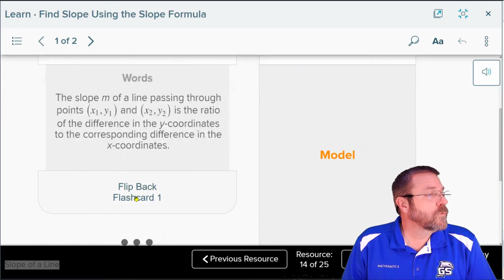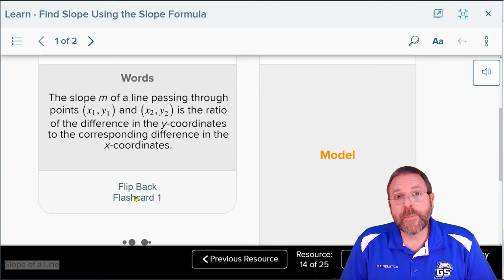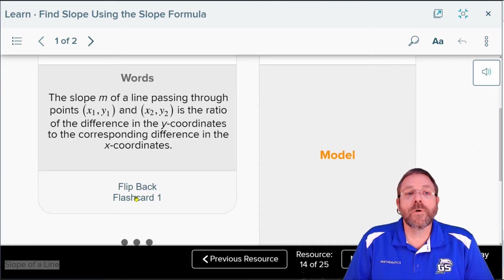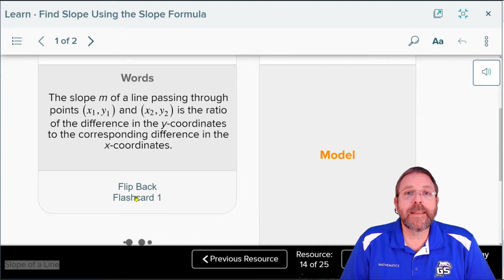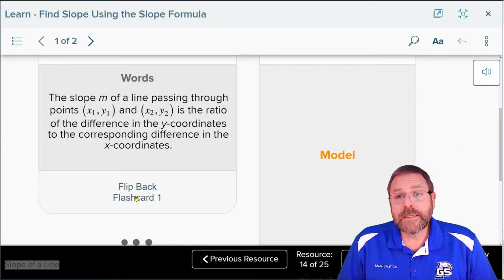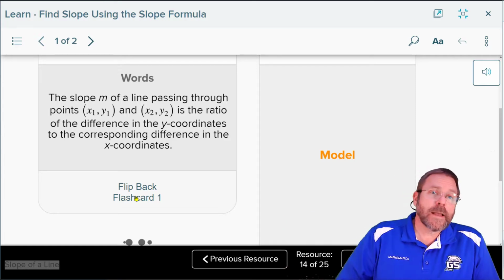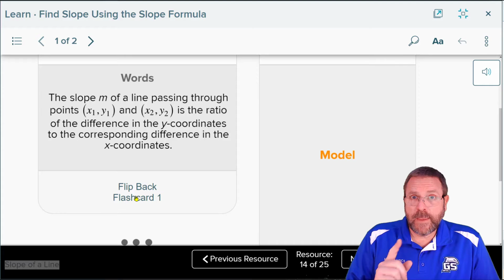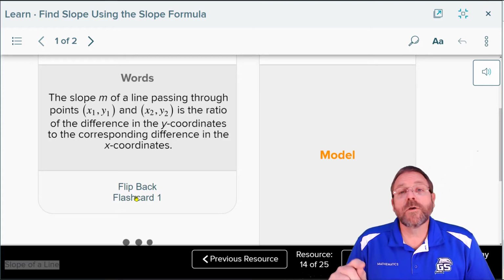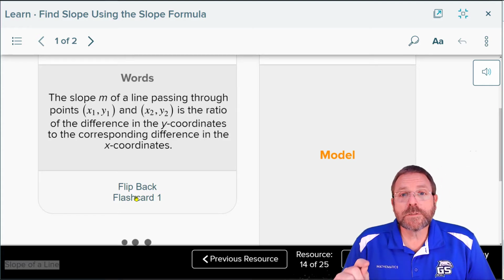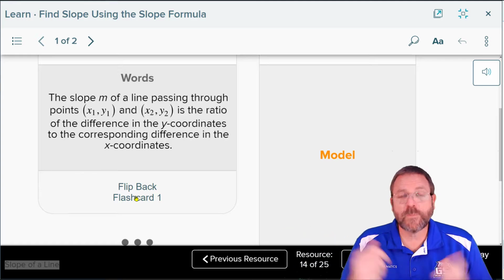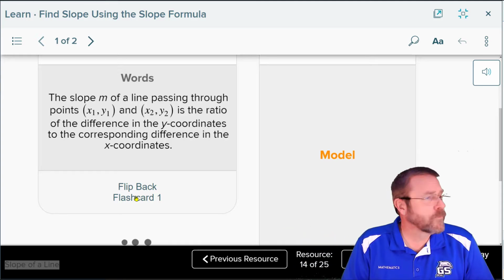Now, in words, we're going to say the slope m. Remember I told you in video 1 that slope is represented by an m, and the reason it's an m goes all the way back to some dead French guy. They think, they're not positive about this, but he called it the modulus of the slope, and that's where the m is believed to have come from.